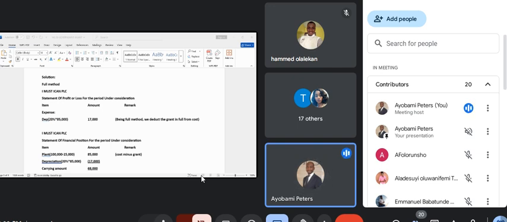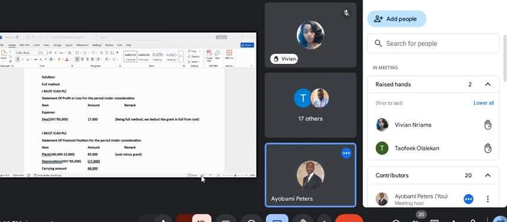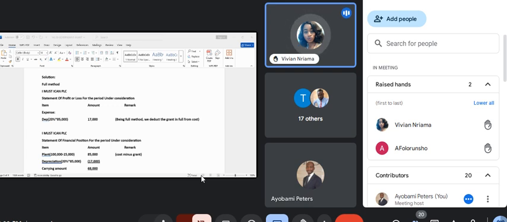So now, that is for the full method. The statement of profit or loss is how it will look. You only recognize expense, depreciation, 20% of 85,000. Who can tell me how we got this 85? Raise your hand. Vivian, go ahead. That's the cost of the plant, 100,000 minus the 15,000 government grant.